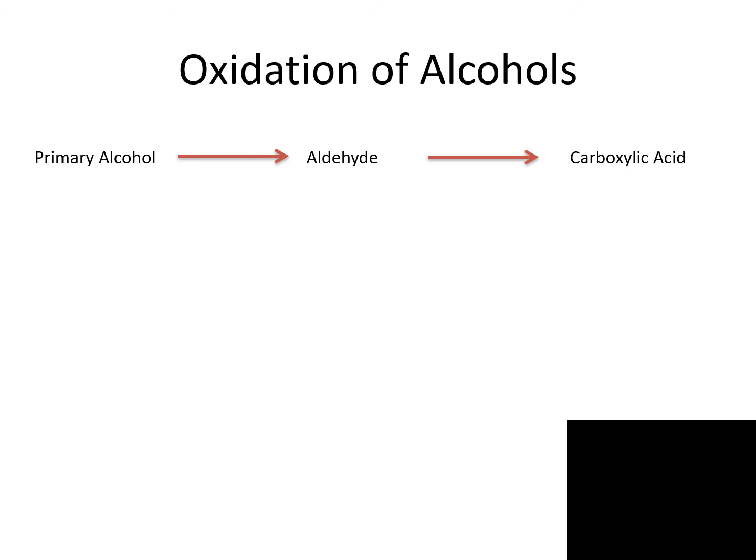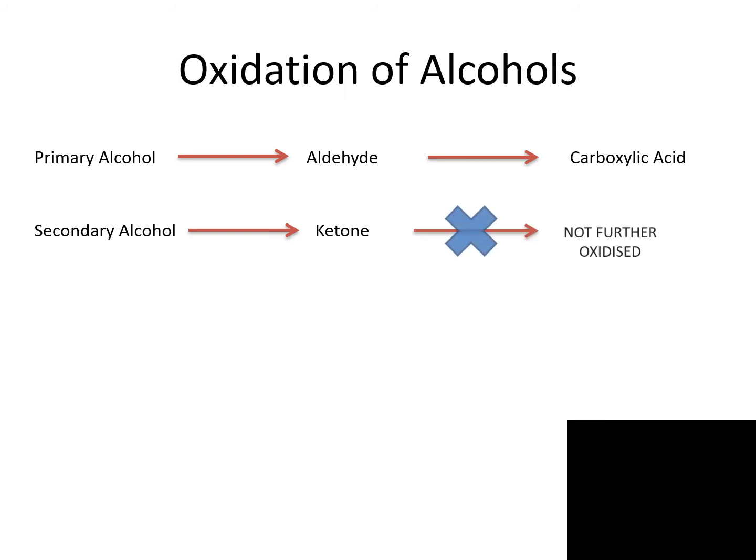So we go primary alcohol, aldehyde, carboxylic acid. The next one is our secondary alcohol. These can then oxidize into your ketones that we've just done, but these can't oxidize any further because my carbonyl is in the middle of the molecule.